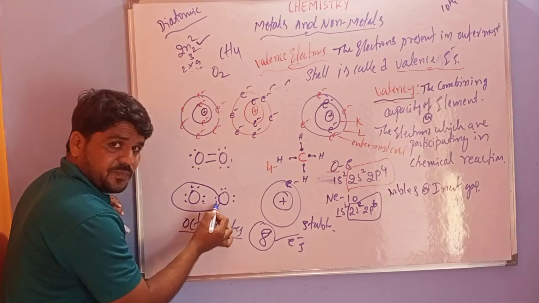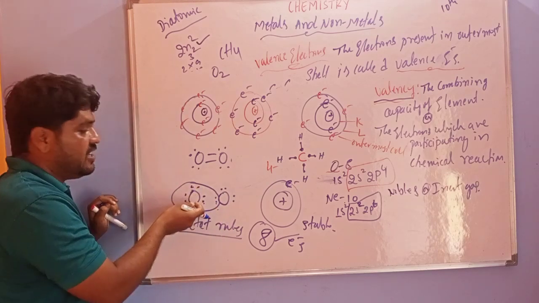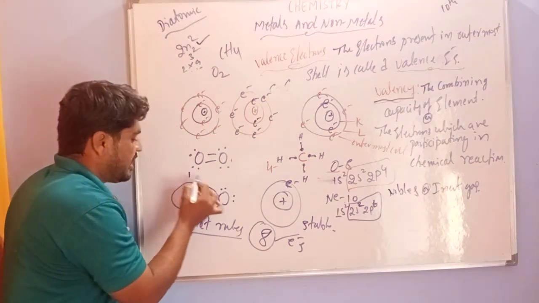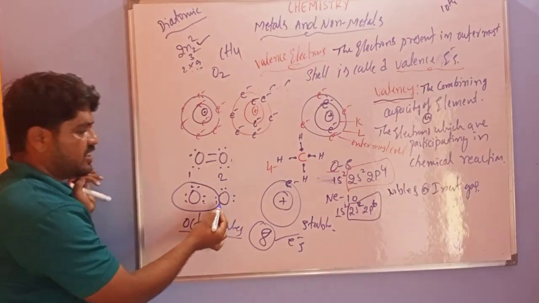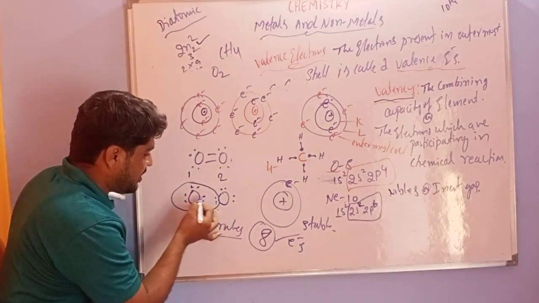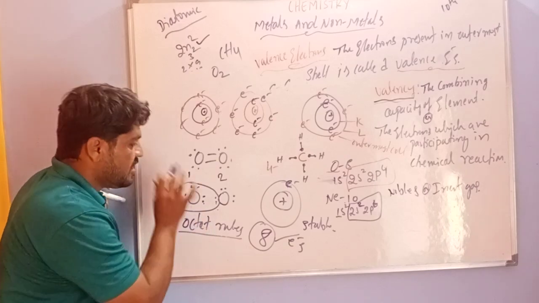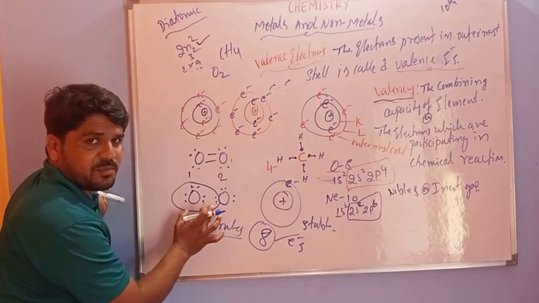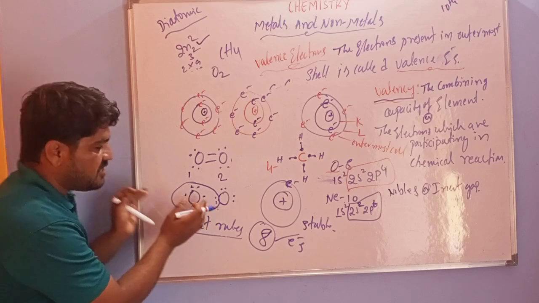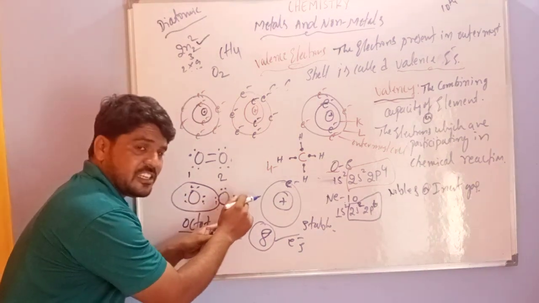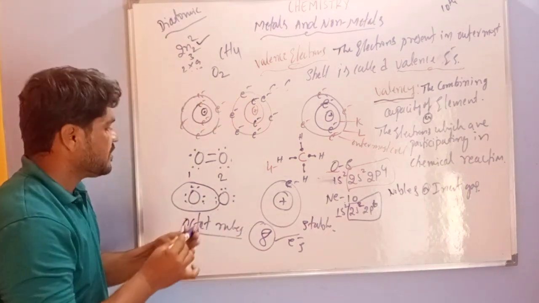So this second oxygen atom gives 2 electrons to the first oxygen atom. Then only this oxygen atom is stable. So if you consider this stable, you have to check this other oxygen also.